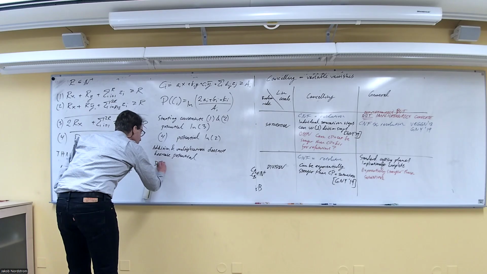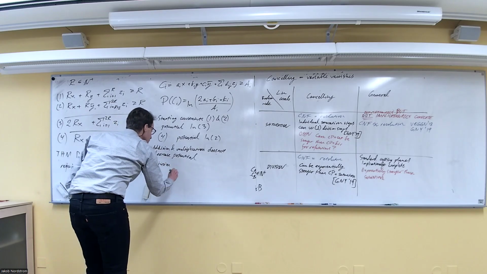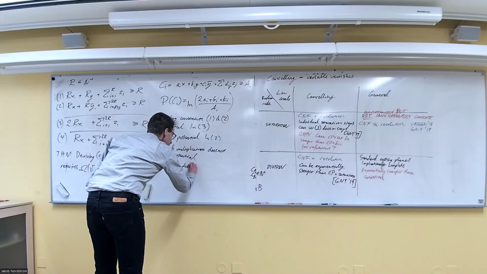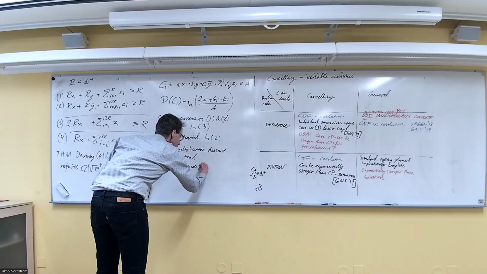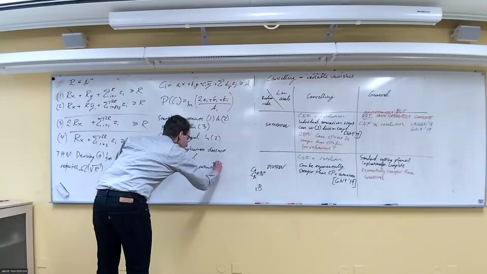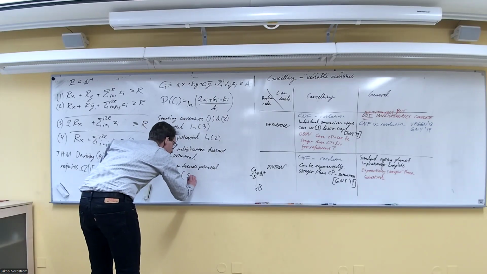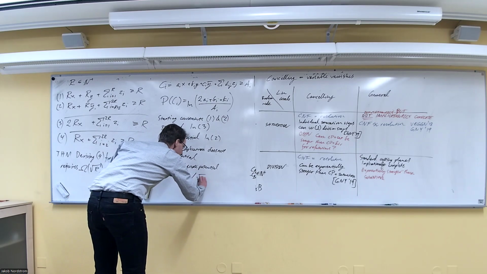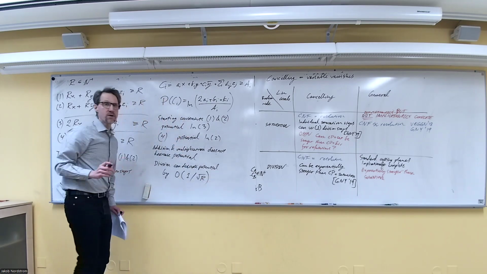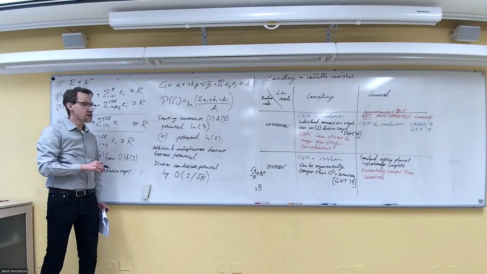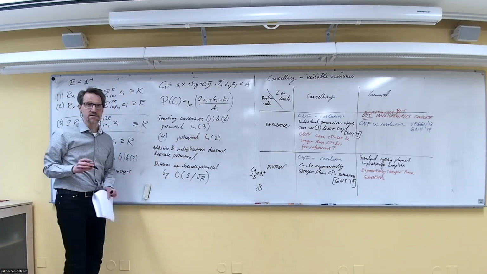So our only hope is division. And then you say that division can decrease the potential, but not by so much, essentially by 1 over square root of r. Okay, so now we're done, because we need a constant decrease.